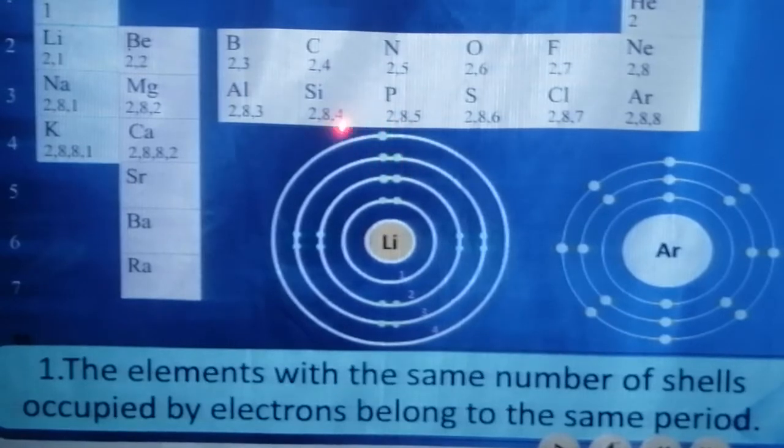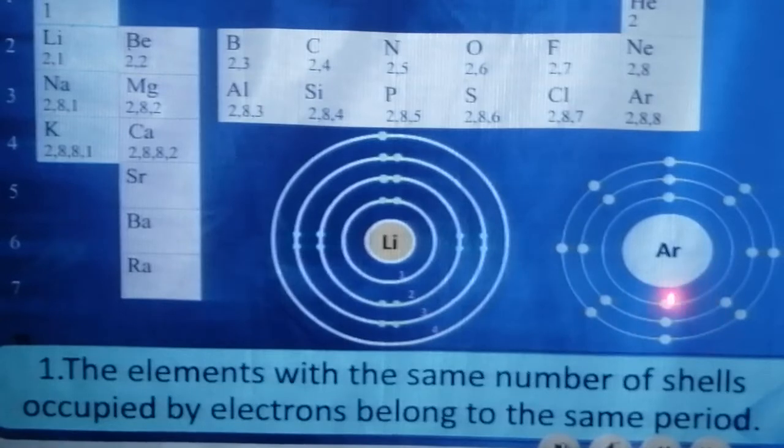That's why the lithium valency is 1, because there is 1 electron to lose, and then lithium completes its octet.